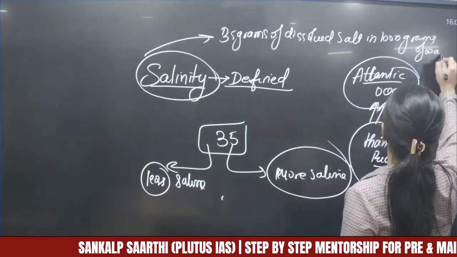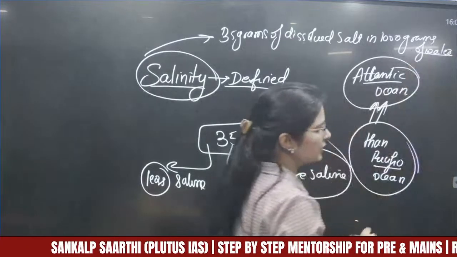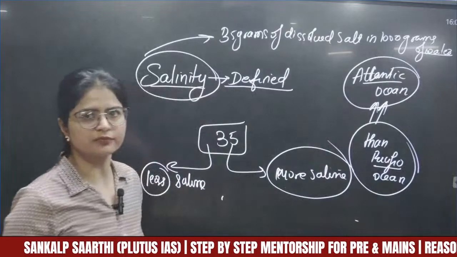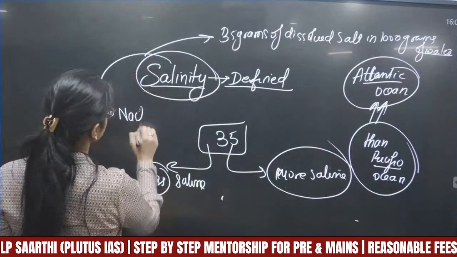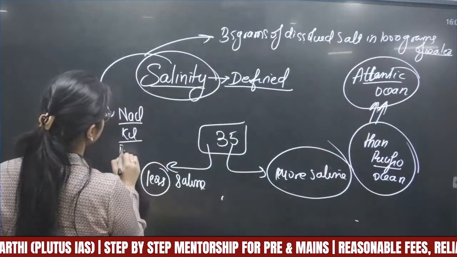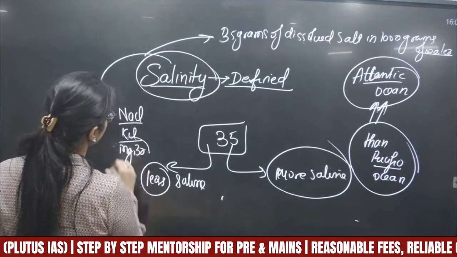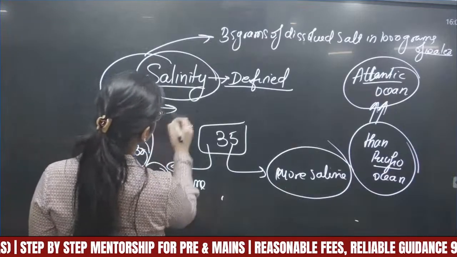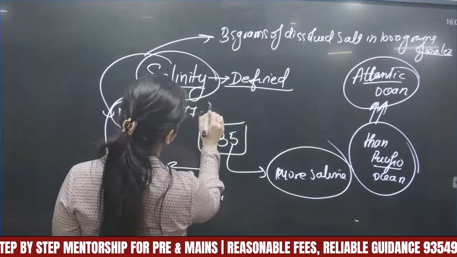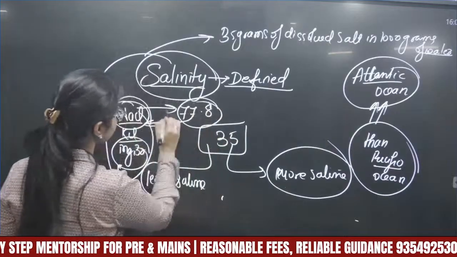Now, what kind of salts am I taking here? That should also be defined. It is important for prelims. It should be NaCl, KCl, magnesium bromide, right? All of this.